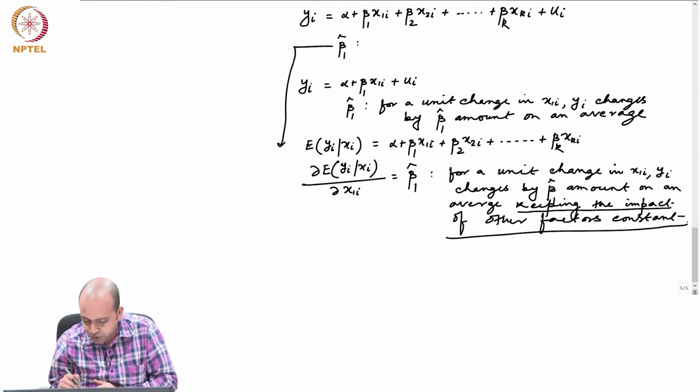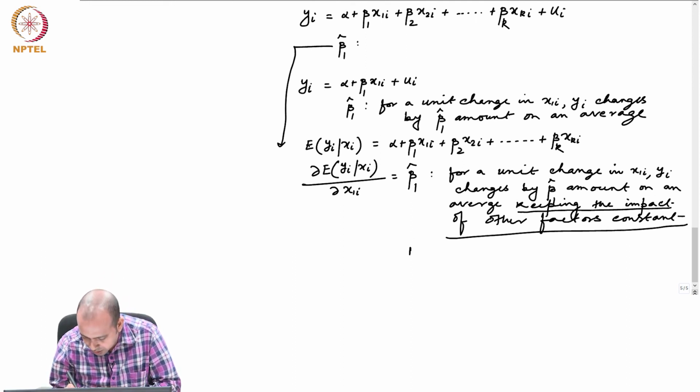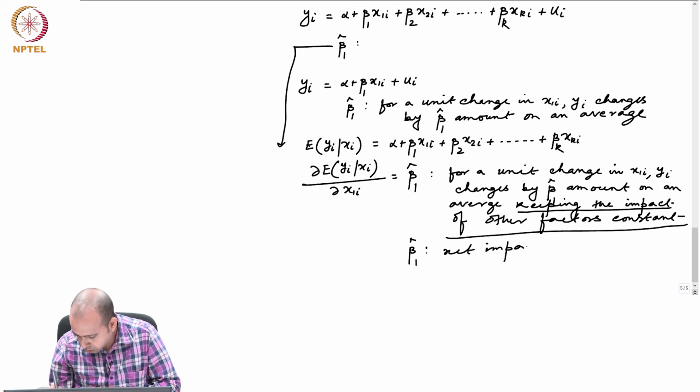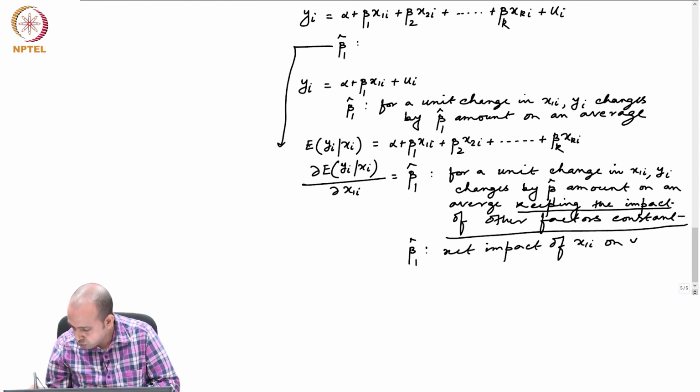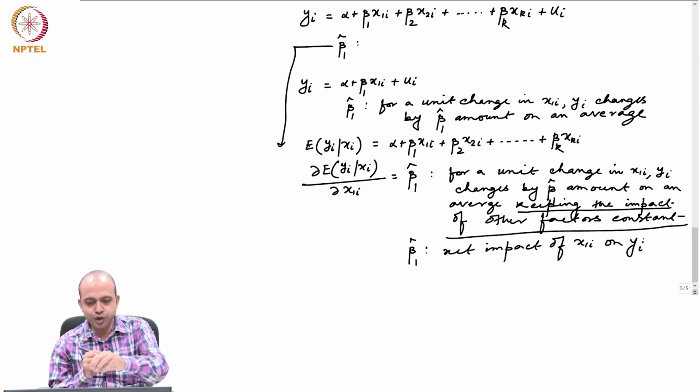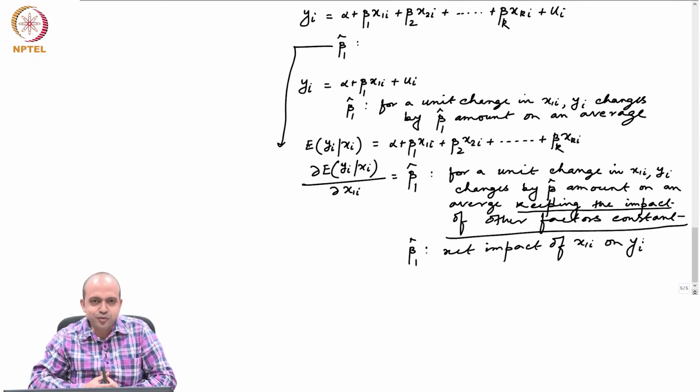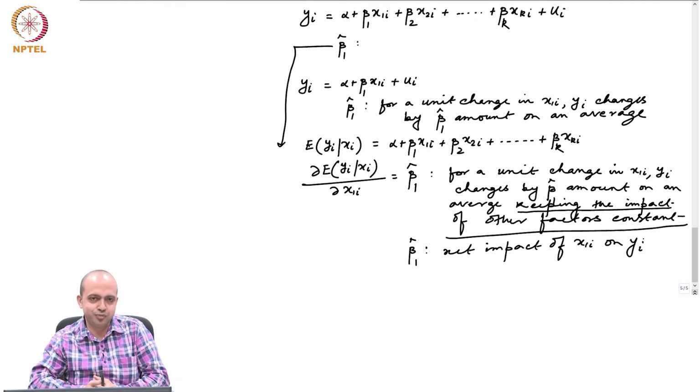So, that means beta 1 hat we can say alternatively in this context is the net impact of x1i on yi. When you have a two variable linear regression model, the concept of net impact does not arise because you have only one variable.